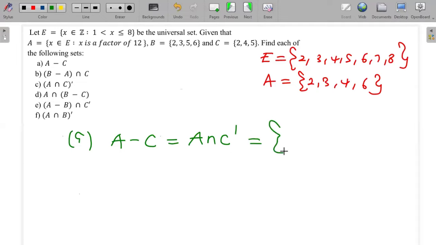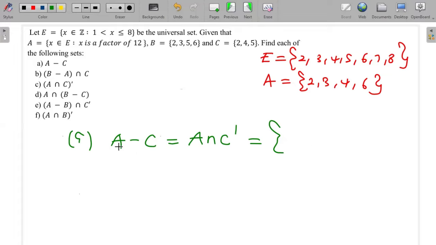A minus C simply means whatever elements are common between A and C, I should remove them from the set A.